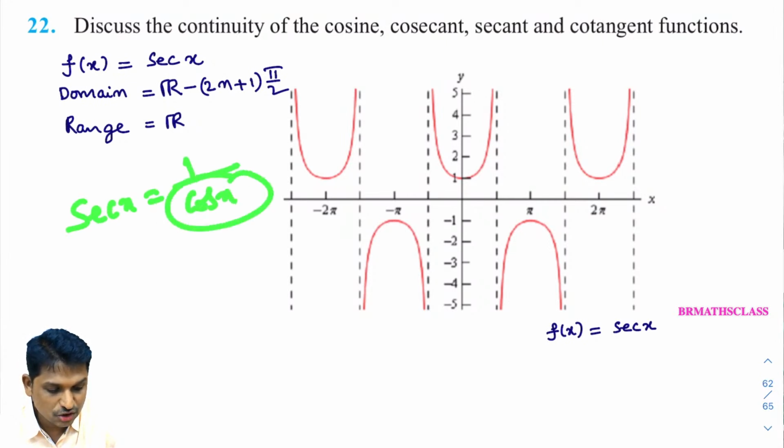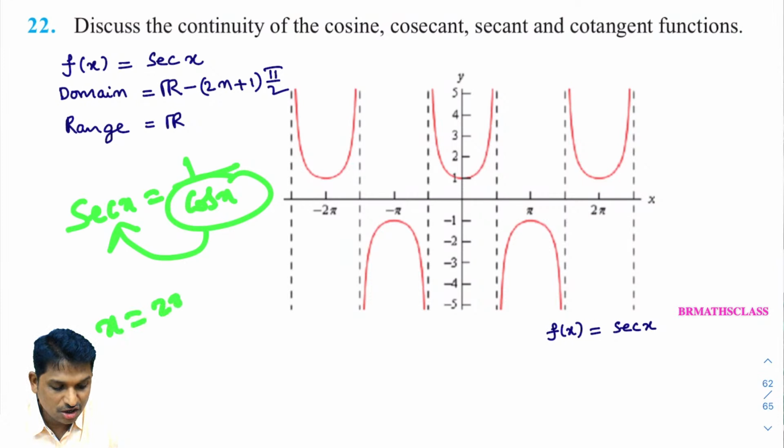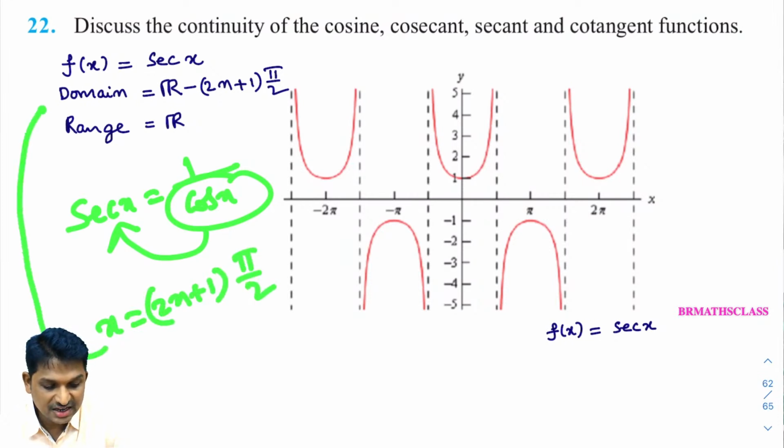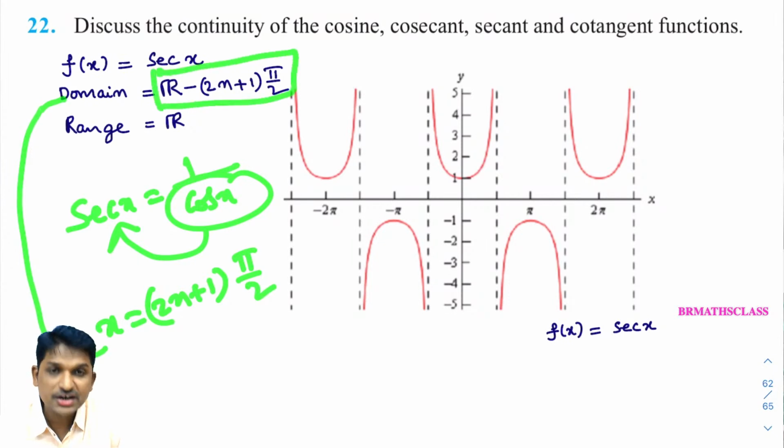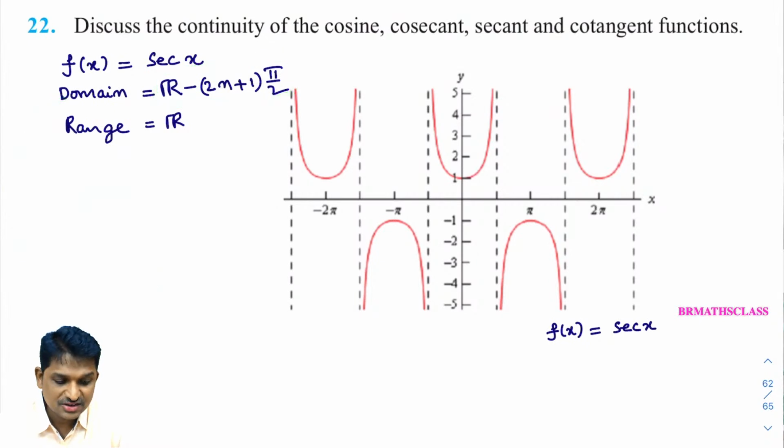Whenever cos x is 0, when x is an odd multiple of pi by 2, in that case secant x is not defined. So I removed that. Domain of secant x is all real numbers except odd multiples of pi by 2.